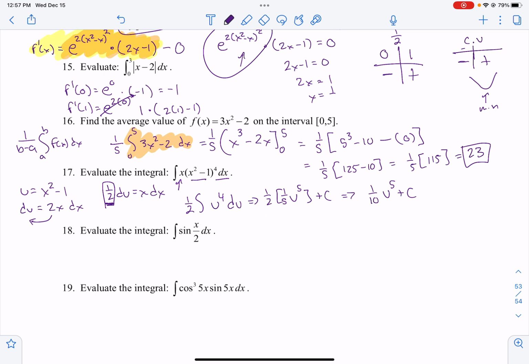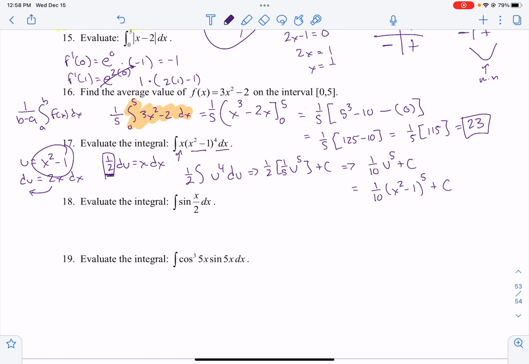Now, because we're not evaluating this from one endpoint to another, I need to plug in my u. I need to put the x squared minus 1 back in. So my answer is going to be 1/10 of (x squared minus 1) to the 5th plus c. I can't just leave it as u because I never was able to change my bounds because I don't have any bounds. It's hard to change something you don't have.